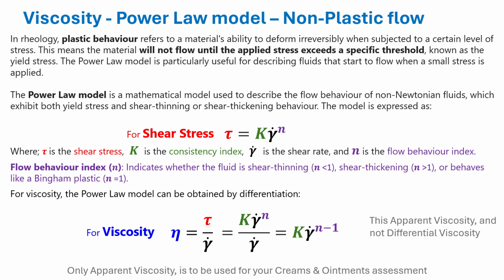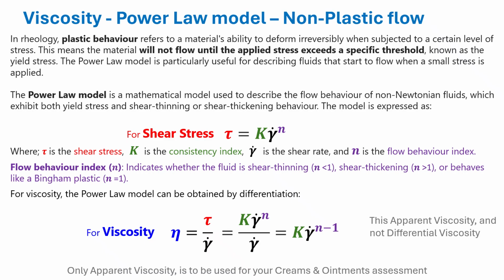Okay, now let's just try and look at this idea of viscosity when we relate that to this power law model, because the power law model has proved to be very powerful and very useful, and we can extend our idea of this simply into this idea of viscosity.